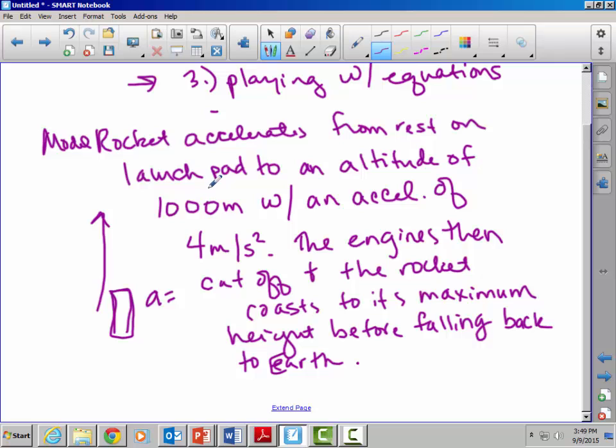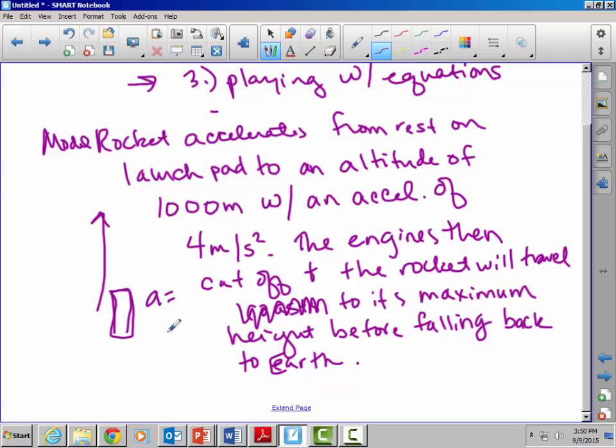Okay, so it's going to accelerate from rest on a launch pad to an altitude of 1,000 meters with an acceleration of 4. And then at that moment, the engines are going to cut off, and the rocket is going to coast to its maximum height before falling back to Earth. I guess I shouldn't say the word coast because it's not really going to do that. And the rocket will travel to its maximum height before falling back to Earth.